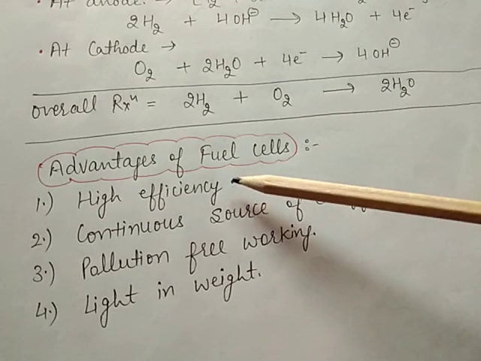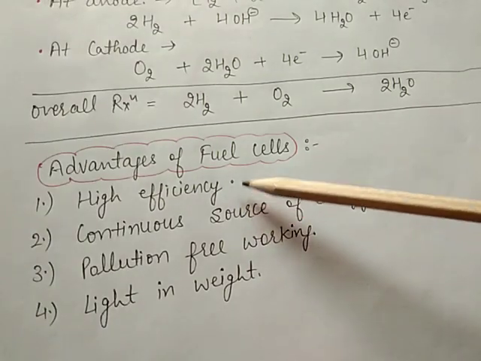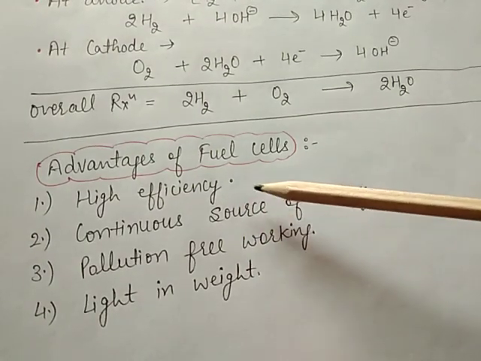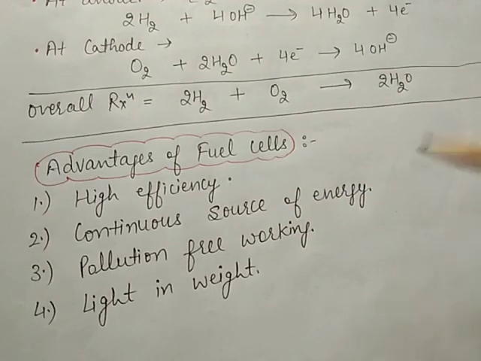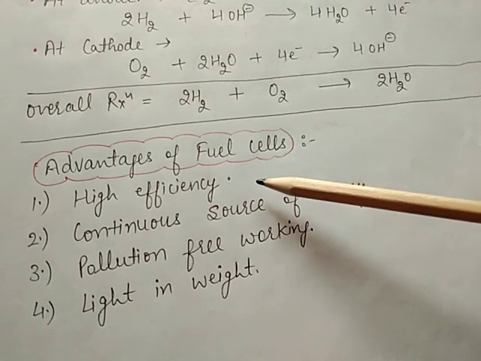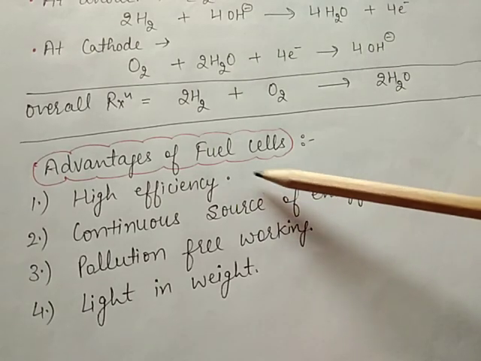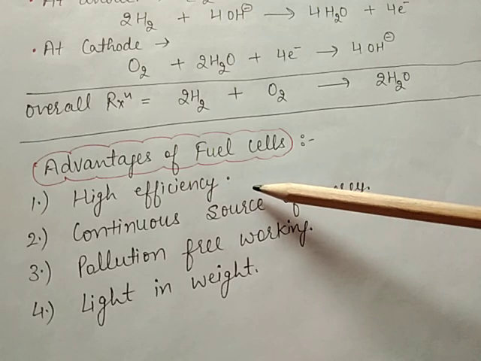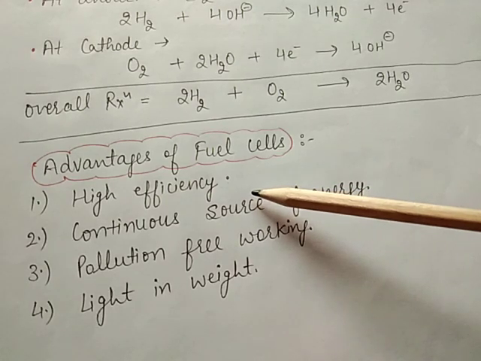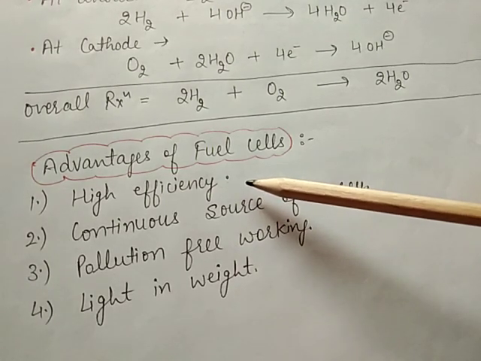The efficiency of that method is only 40%. The production of electrical energy involves the combustion of a fuel to give heat, which is used to produce the electricity. So the fuel cell has very high efficiency.